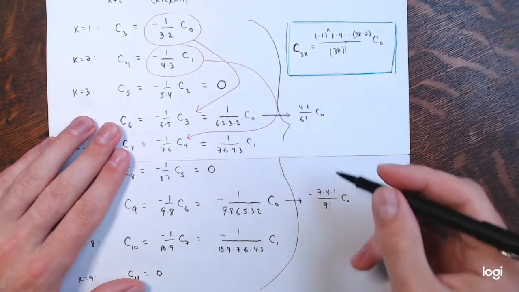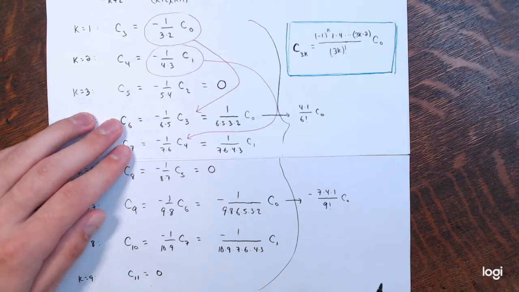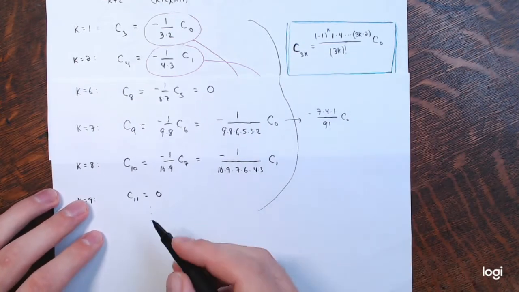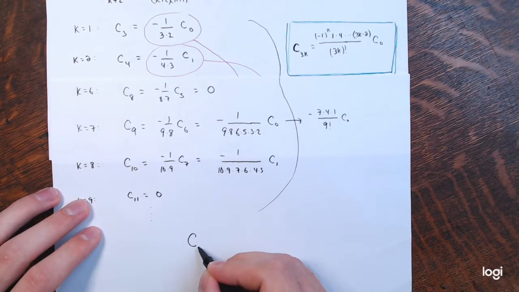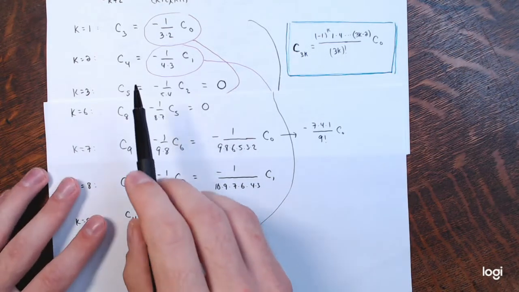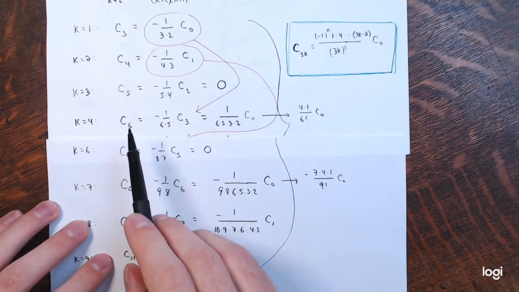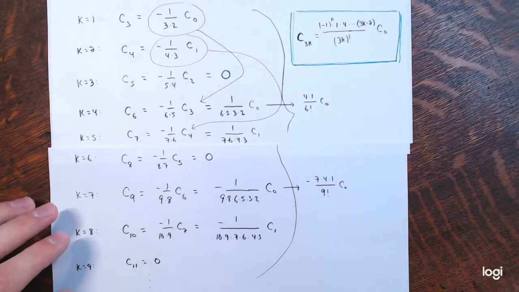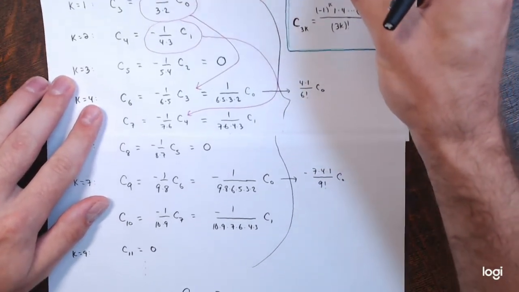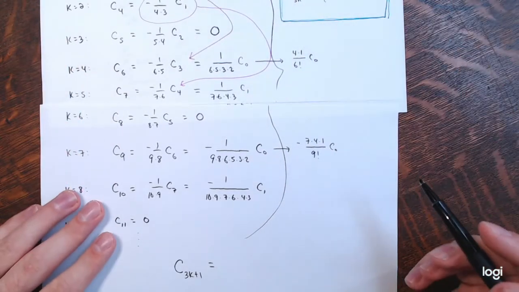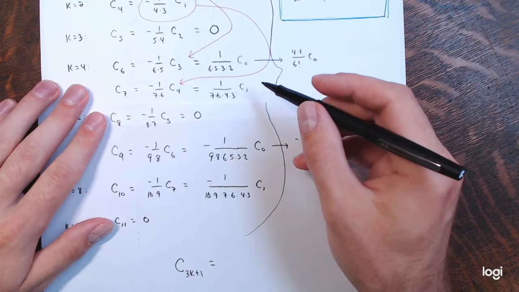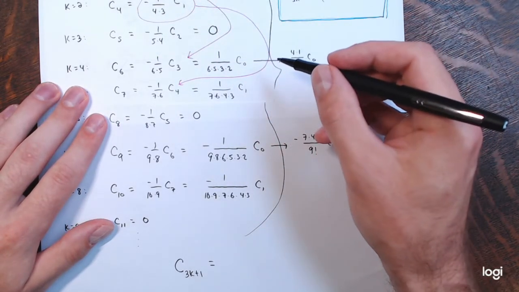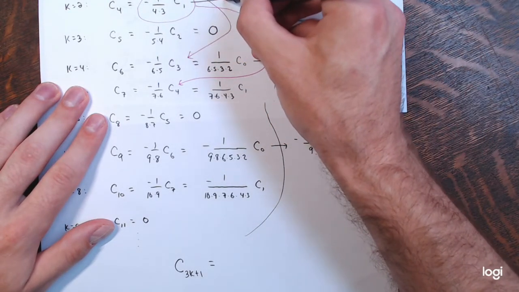Then when we have an index, maybe I should write this on another page here. When we have an index that's a multiple of 3 plus 1, right, like C sub 4, C sub 7, C sub 10, some multiple of 3 plus 1. Again, thinking about C sub 4 there, this is almost 4 factorial.